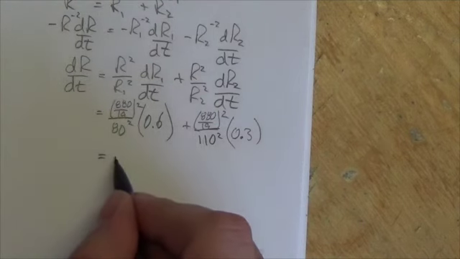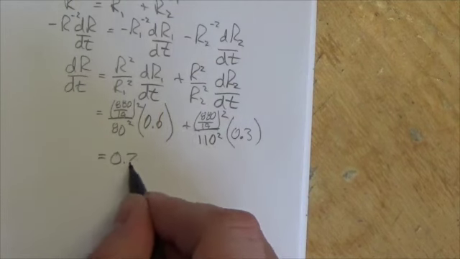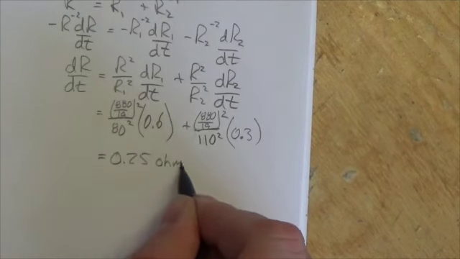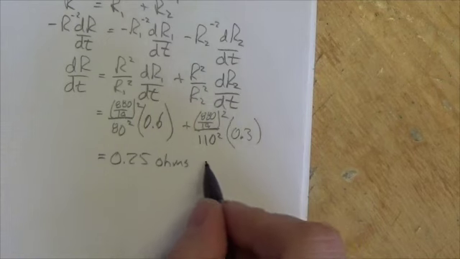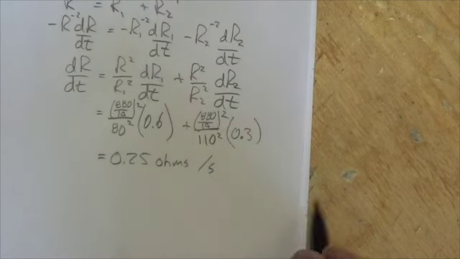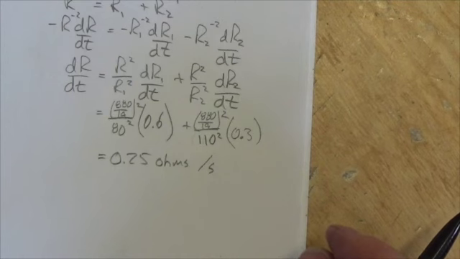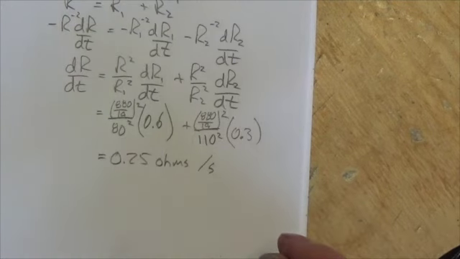And the answer, to the nearest hundredth, is 0.25 ohms per second. That's how fast the overall resistance of that parallel circuit is changing, is increasing.